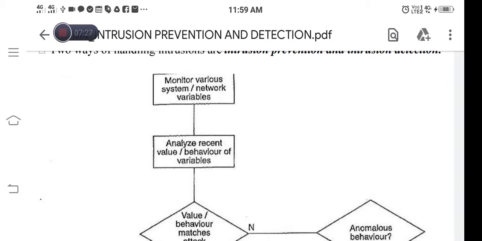A system call is a call made to the operating system, for example, to open a file which has sensitive data, or to establish a TCP connection from a specific IP address to a certain port number. We can have a few other examples of system calls.